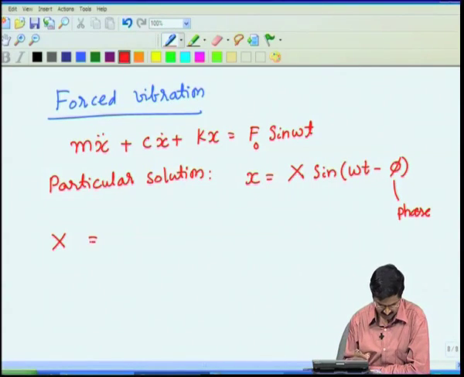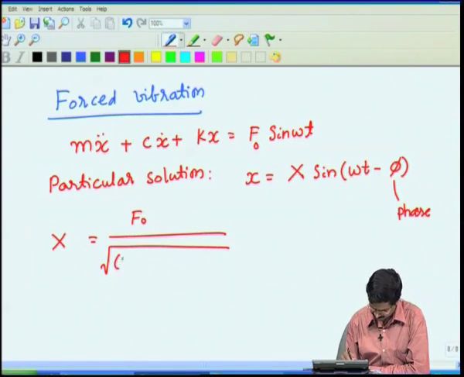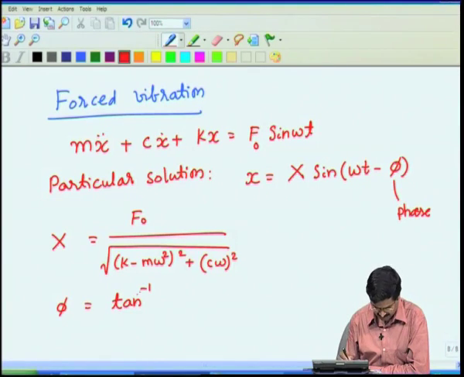So, x here, the amplitude, is given by f naught divided by square root of (k minus m omega square) whole square plus (c omega) whole square, and this phi, which is the phase, can be written as arctangent or tan inverse of c omega by k minus m omega square.